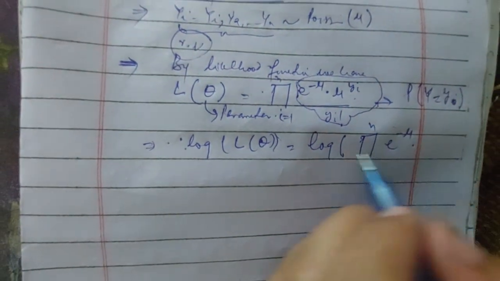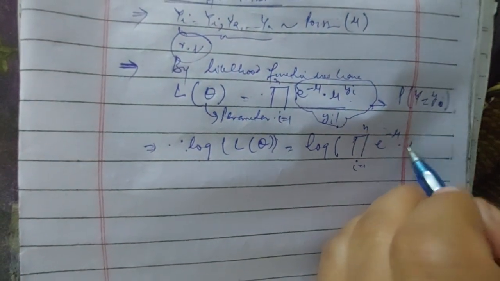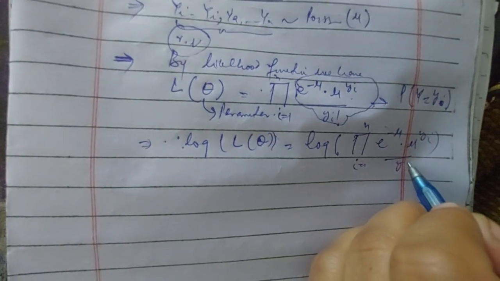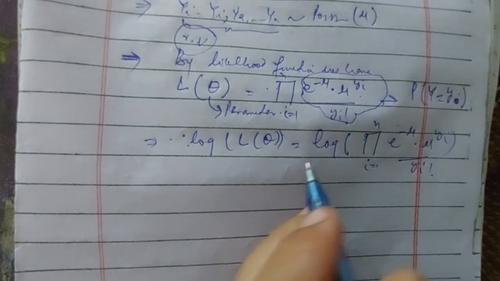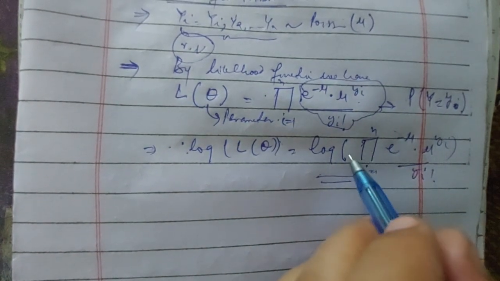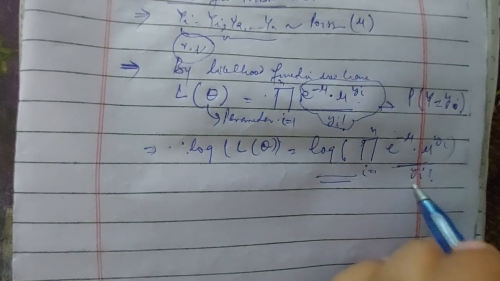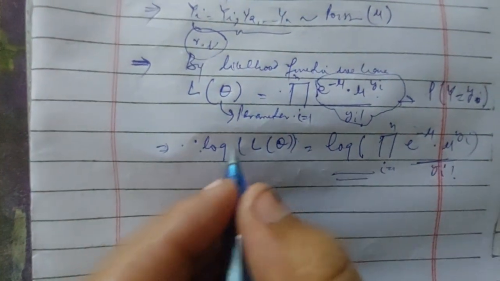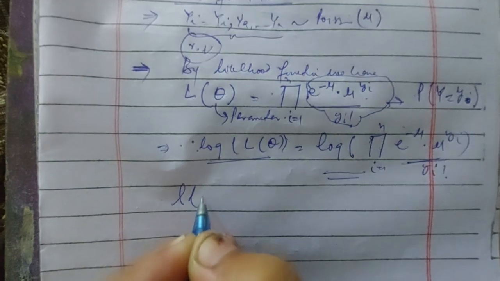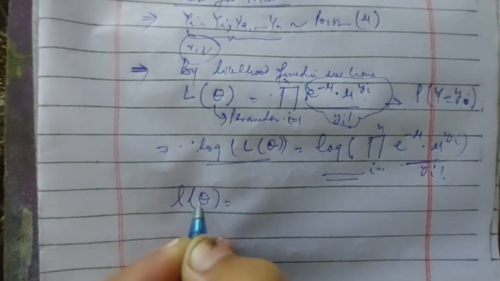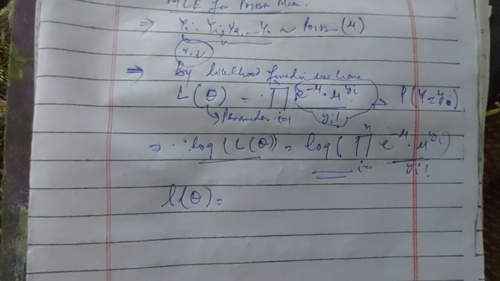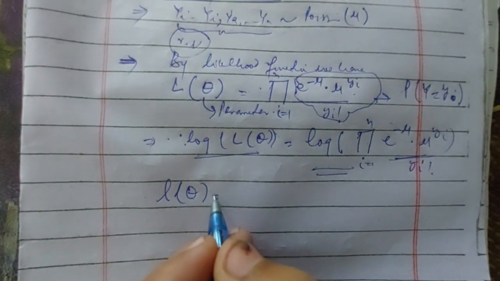So if we take the log, we know that log changes the multiplication into addition and the division into subtraction. By taking a log of capital L, it becomes small l of theta. This is the parameter. Theta can be anything, it can be beta naught, beta 1, any parameter.